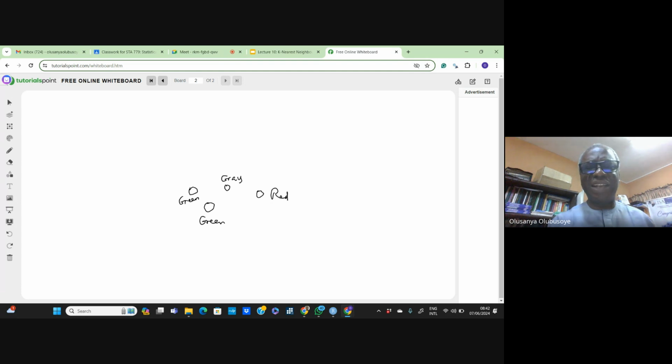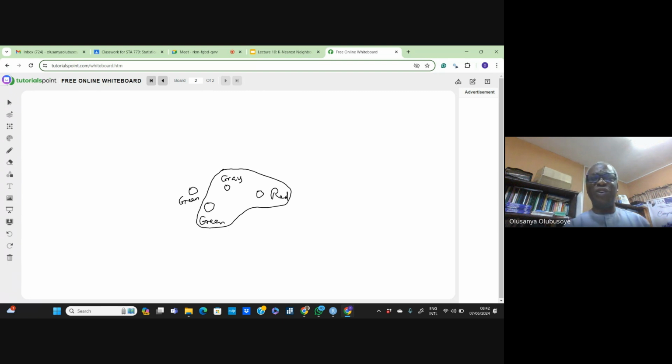What I'm saying is that if I decide to choose this gray here, I've decided those I consider to be the neighbor. Then the question is, which one is the nearest neighbor?